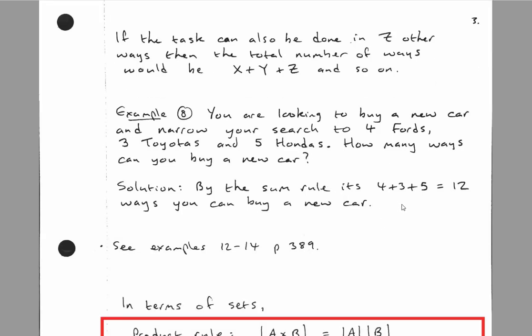Again, we're just adding. We're only buying 1 car, so it's going to be 4 plus 3 plus 5. We just need to sum the options. So 12 ways.